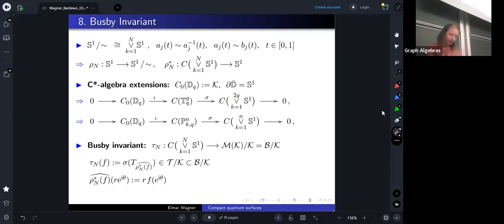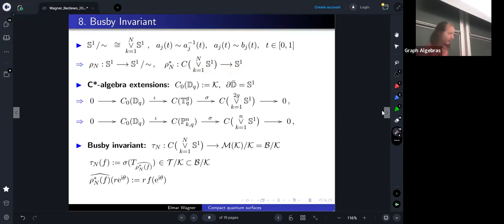And in our case, since we talk about Toeplitz operators, we can give a very concrete description of the Busby invariant. We take a function, and we have these boundary conditions. Here C is missing.